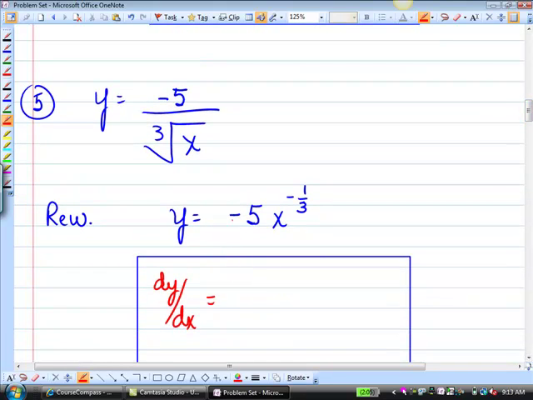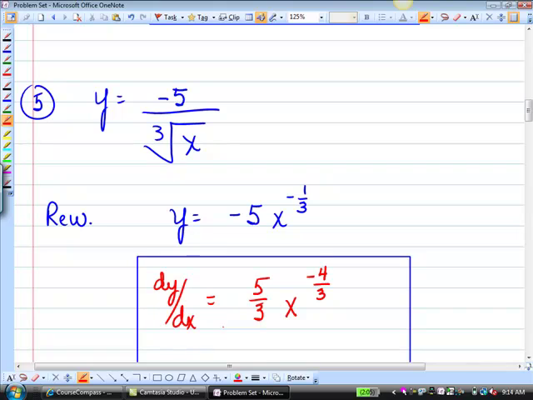So -1/3 times -5 is 5/3 x to the negative what? -4/3. Now, on this particular one, I think MATLAB wanted it in that form.